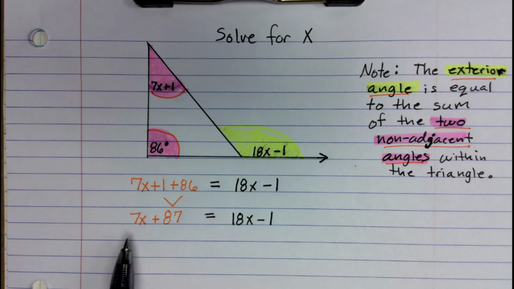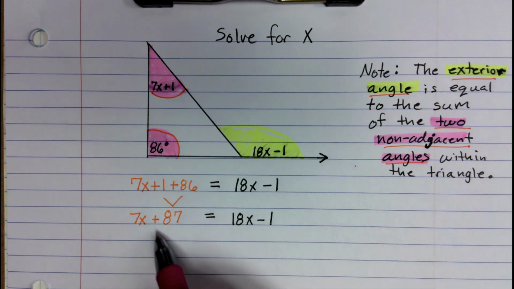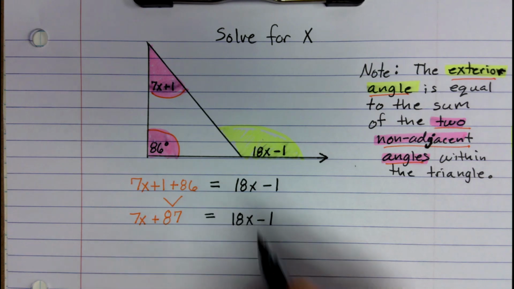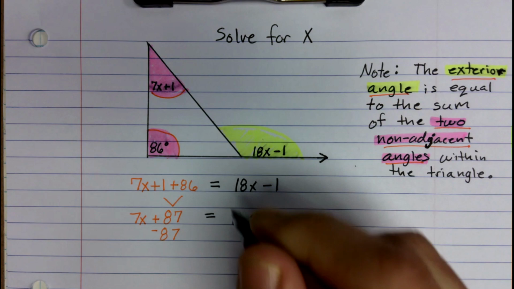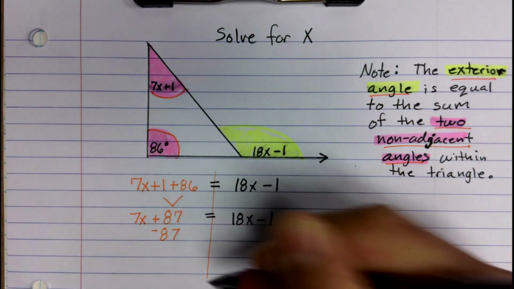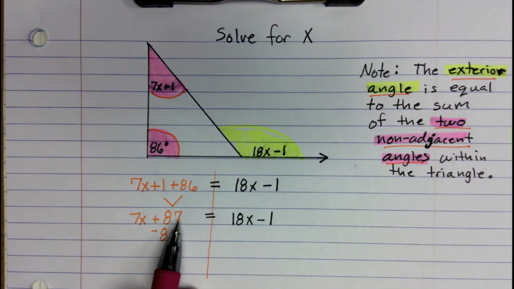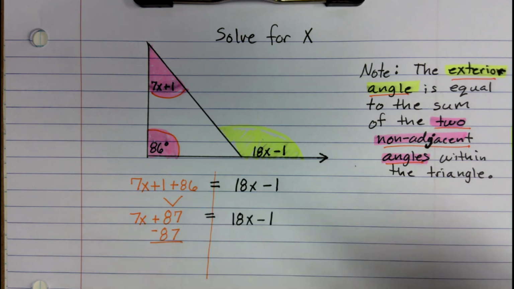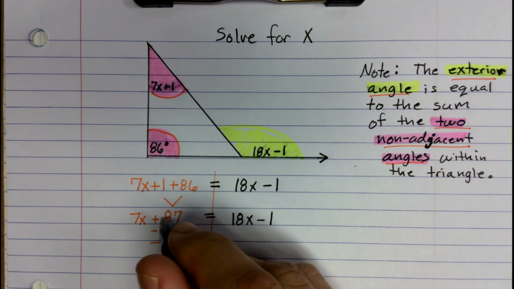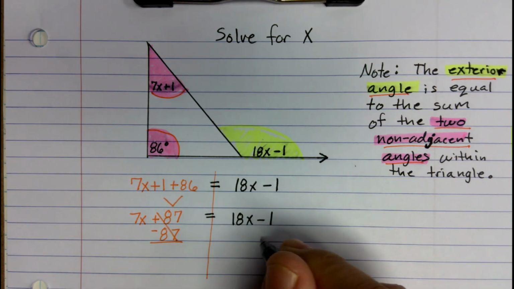The next thing I want to do is move all my constant values to the right. When I say constant, I'm talking about the ones that are just a number without a variable. So everything that doesn't have a variable is a constant. Here we're adding 87, so if I want to move it over to the right side of the equal sign, and I'm going to draw a line through here just so you can see that we're keeping it balanced, we want to do the opposite of adding, which is subtracting, and we like to call that our inverse operation. 87 minus 87 is 0, and I'm going to subtract 87 from this right side.